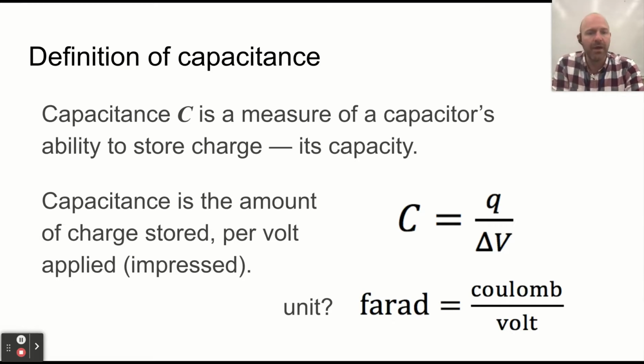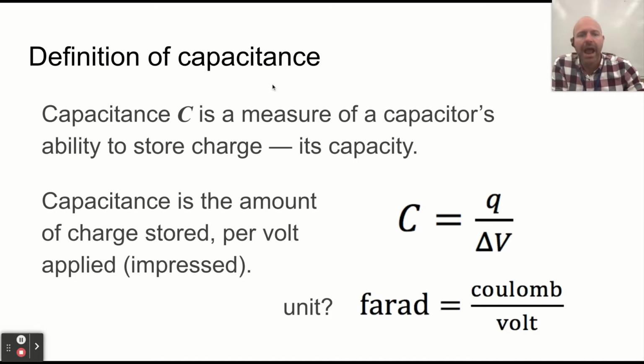That means that a 1 farad capacitor, which is what I used in my demo, is able to store 1 coulomb of charge for every volt that's applied to it. And I used 3 1.5 volt batteries, so that's about 4.5 volts, not exactly because they're a little bit old. That means I can store about 4.5 coulombs of charge in that 1 farad capacitor.